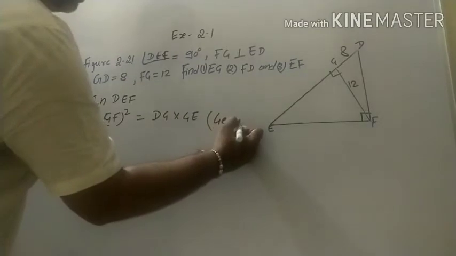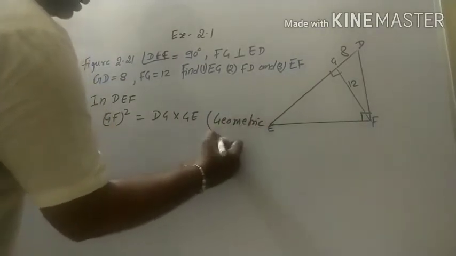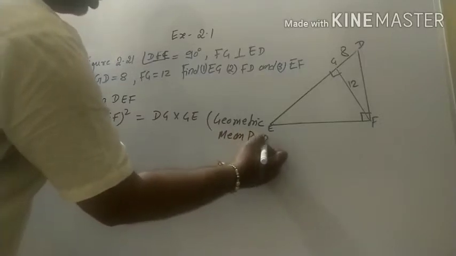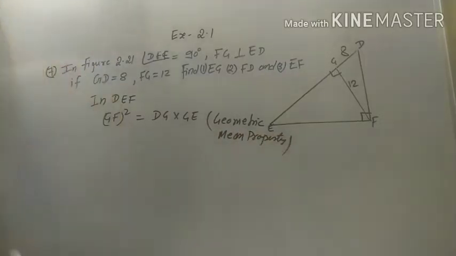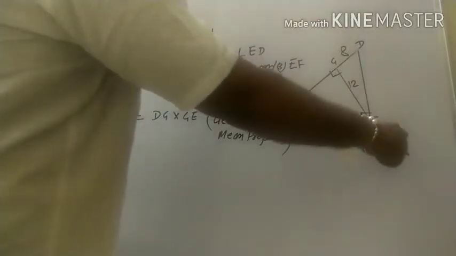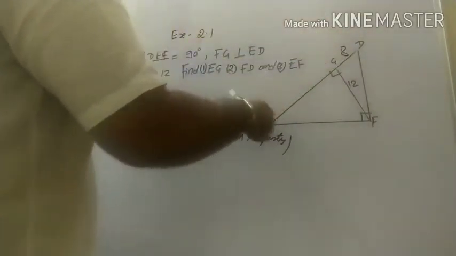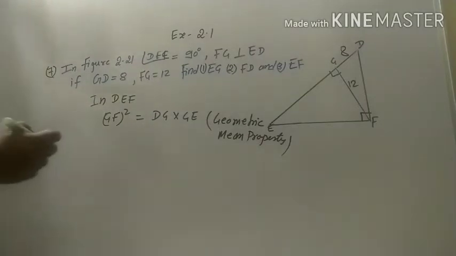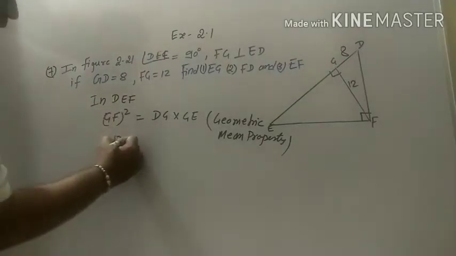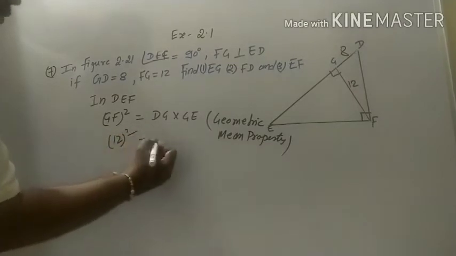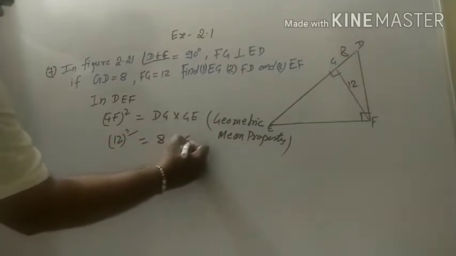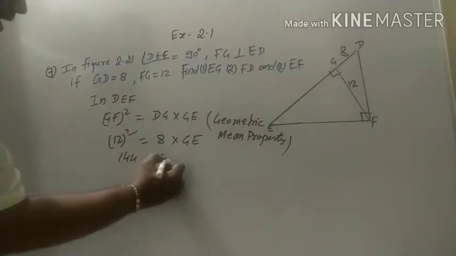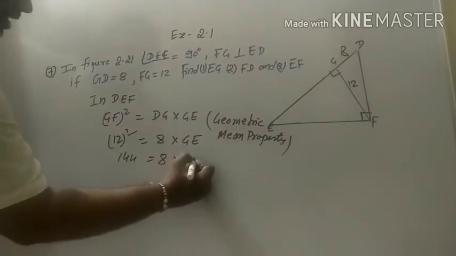Geometric mean property. GF square is equal to DG into EG. Now GF is 12. The square of 12 is equal to DG, which is 8, into GE. Now it is 144, and over here it is 8 into GE.